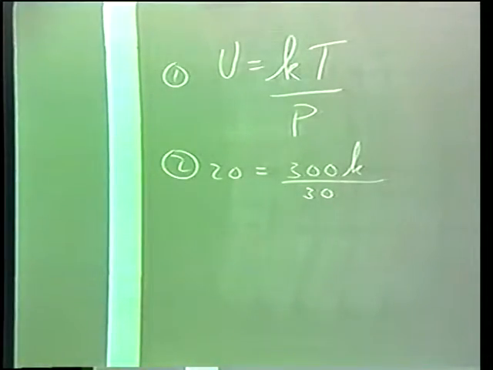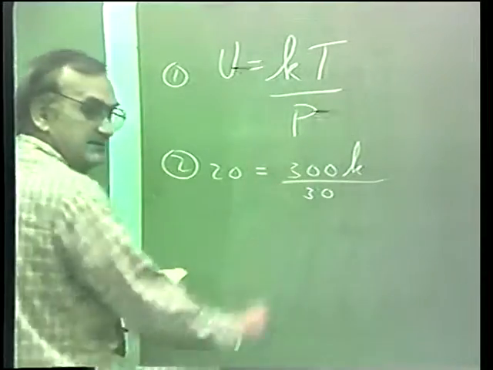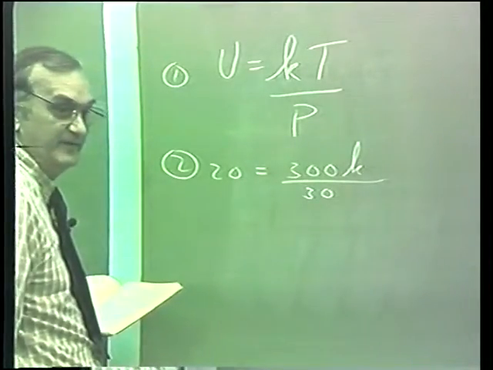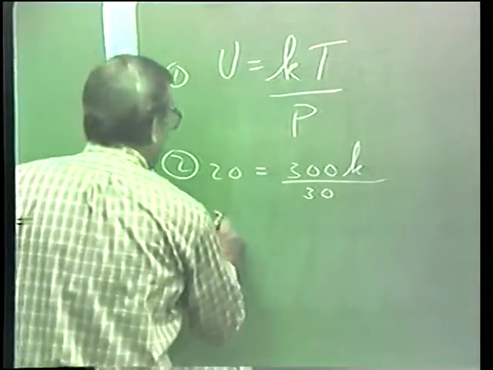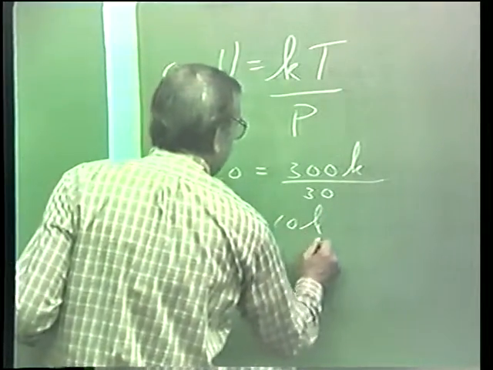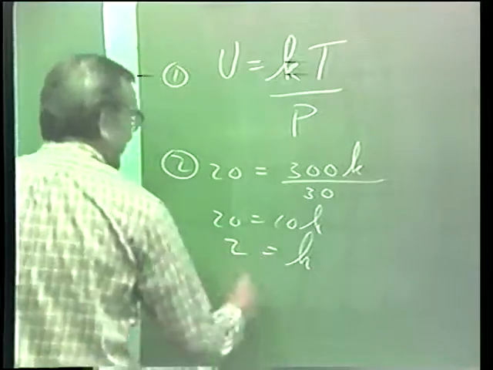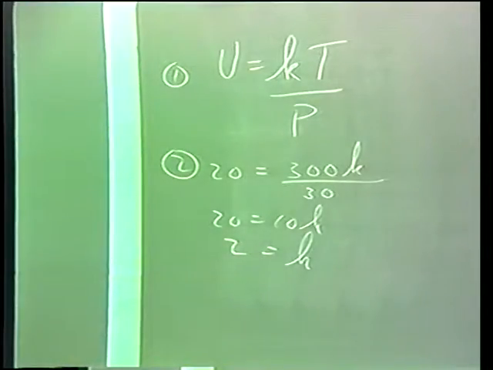If I was doing this, I'd work the fraction out. 300 over 30 is 10. I get 20 is equal to 10K. K would equal 2. So there is the value of K, 2.